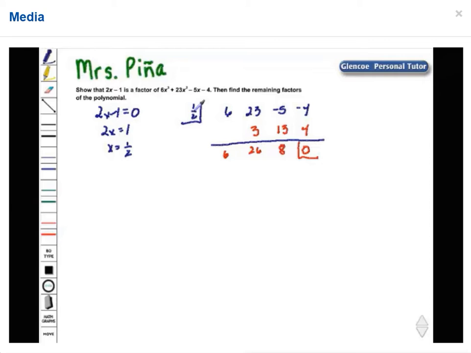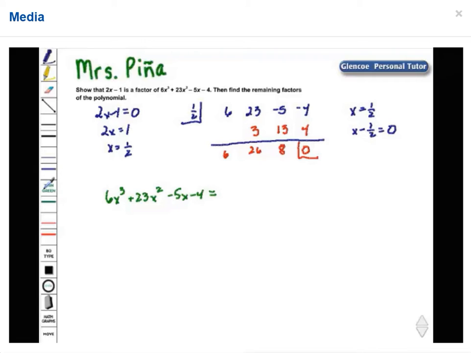Using the 1/2 and the coefficients that I have at the bottom, I can write 6x cubed plus 23x squared minus 5x minus 4 as, here is my 0, so in this case x would equal 1/2, so x minus 1/2 would be my 0.